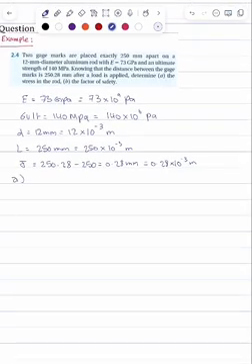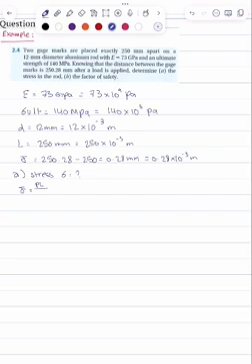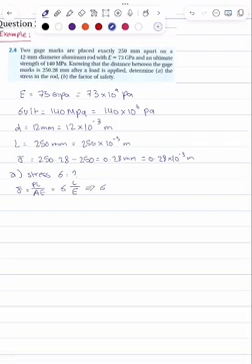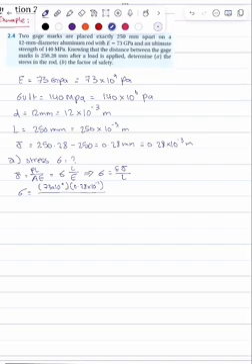A, the stress. It will be PL over AE, so stress equals E times delta over L. So 73 times 10 power 9, 0.28 times 10 power minus 3 over 250 times 10 power minus 3.